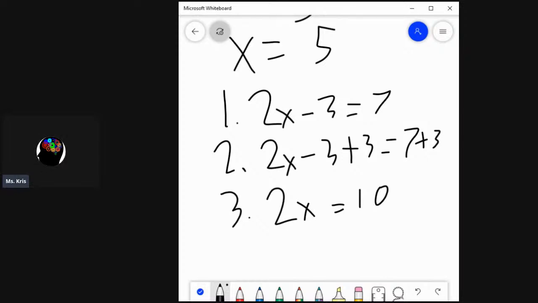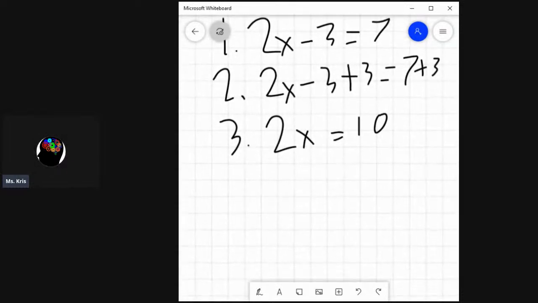So if we add 3 on both sides, substitution simply means we are combining like terms. Once we combine those like terms, then we continue on by solving for our x.